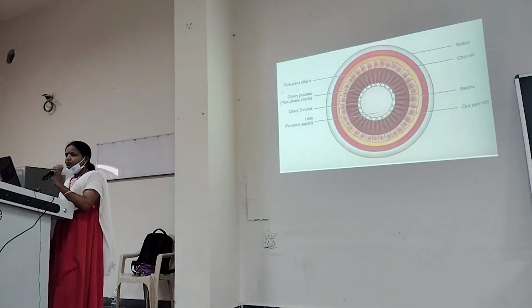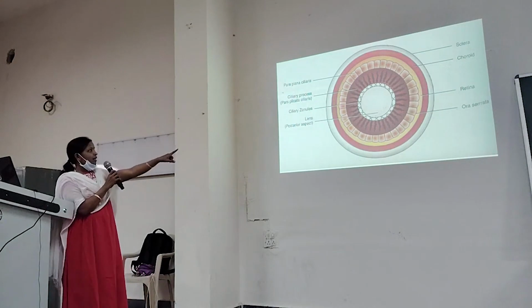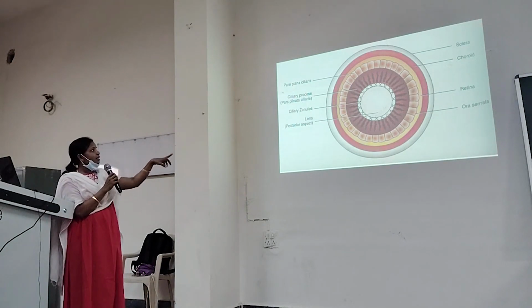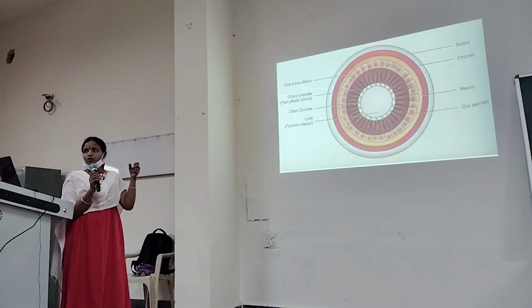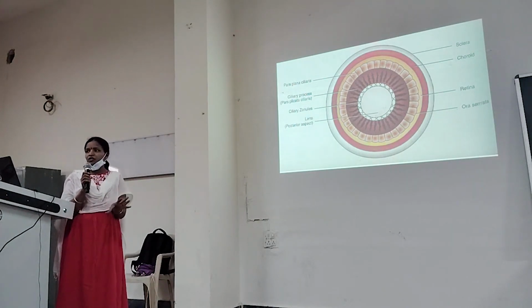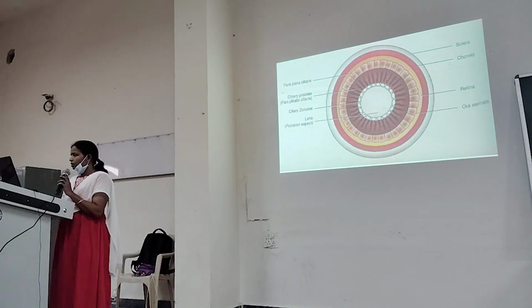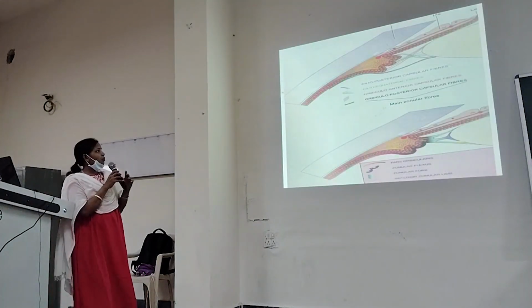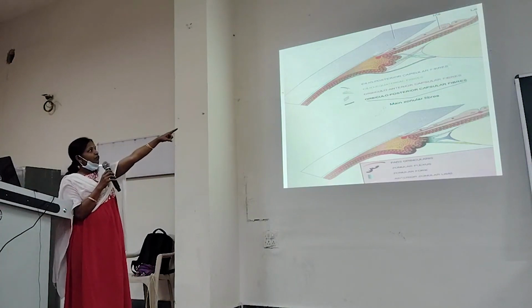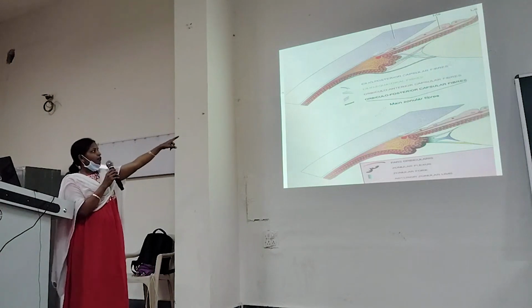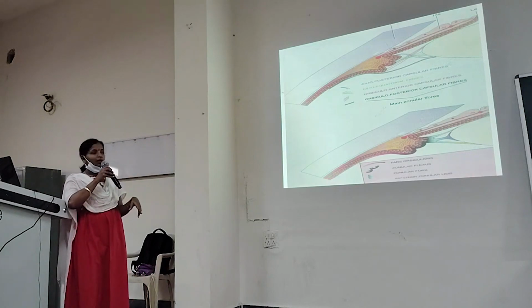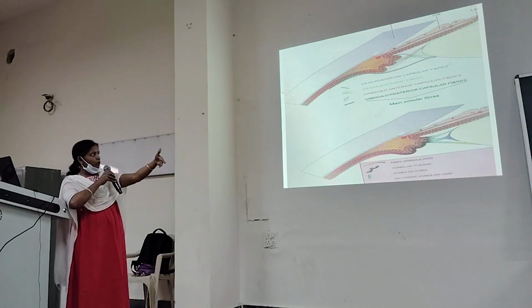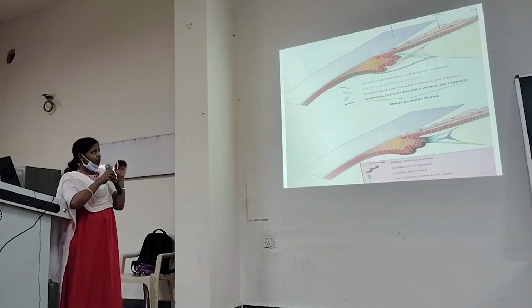The center white portion is the lens, and the brown color is the ciliary body. The crisscross arranged fibers are the ciliary zonules which are holding the lens in position. In the cross-sectional image, you can see those fibers coming from the ciliary body and the processes and how they are arranged. A few fibers go from the posterior portion of the ciliary body to the anterior lens capsule, a few come from anteriorly and go to posterior, and a few are intermediate.